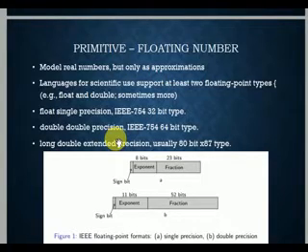When we talk about 32 bits, the first bit represents the sign, whether it is a negative or positive number, the next 8 bits are for the exponent, and the last 23 are for the fraction.